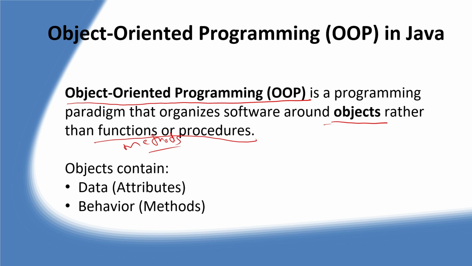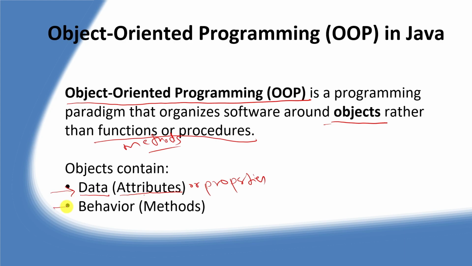What do we mean by real-world entities? Every object has data, also called attributes or properties.